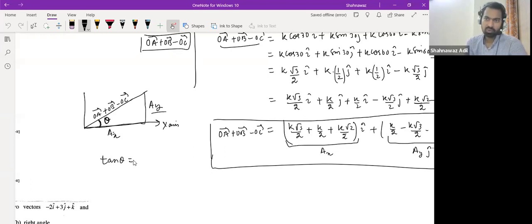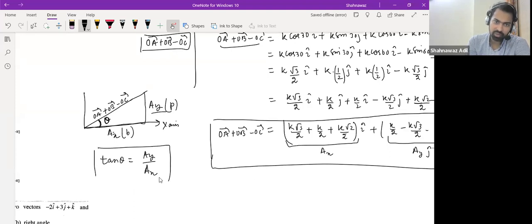Okay, ay by ax. Yeah, ay by ax. Right, because this is the perpendicular, this is the base. So tan theta is simply ay by ax. Right.